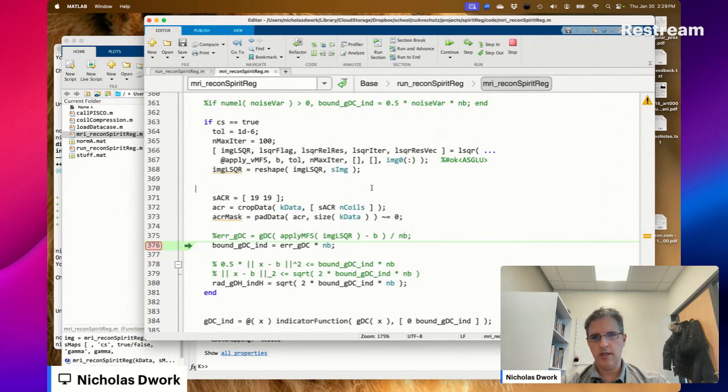And maybe the error increases dramatically when we use all of the k-space data collected because the signal-to-noise ratio of the outer k-space values is less. The noise is the same, but the signal goes down. So maybe we should really only be using the ACR to find this bound. Okay.